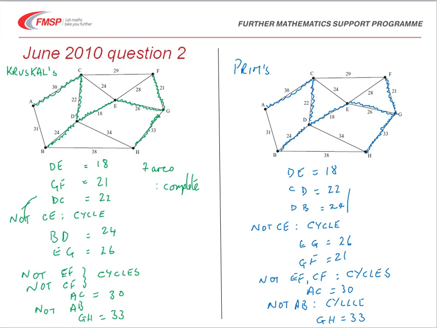The marking for that was again reasonably straightforward. There's M1 for the first 4 correct, and then A1 for all 7, and A1 for correct rejections.